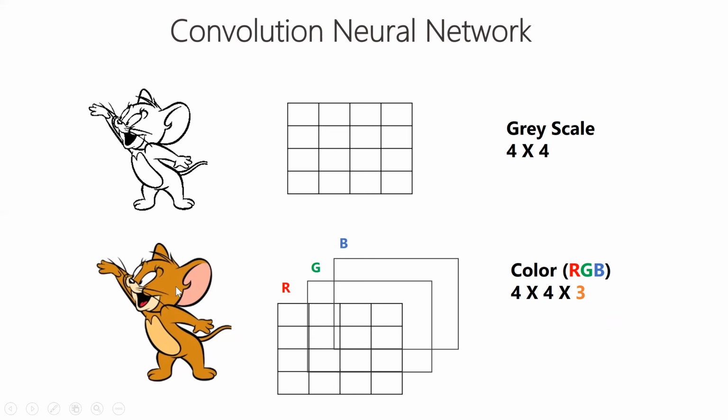For a colored image we will have 3 layers. Here we can see the R layer, the G layer, and the B layer, the RGB layers. The image is the same, there is no change in the image, but one is in grayscale and the other is in color. That's why we add one more dimension, cross 3. This 3 indicates RGB. Just keep in mind, if it is a grayscale image, it will be cross 1. If it is a colored image, it will be cross 3.